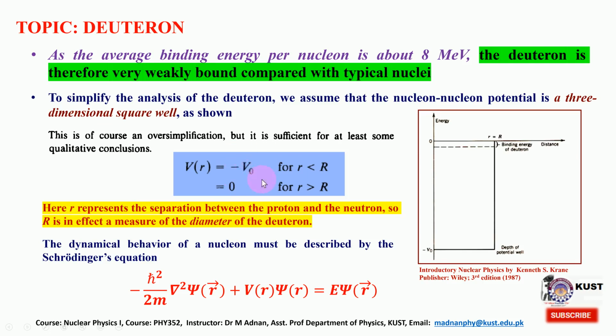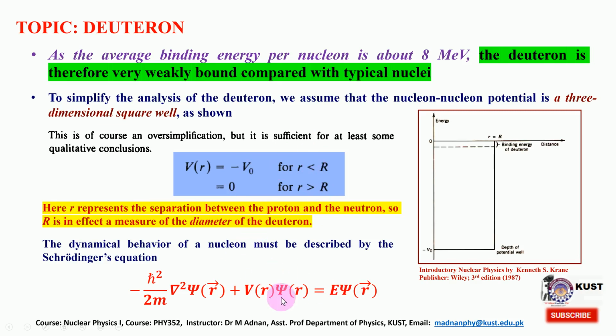So the standard procedure is that we need to write the time-independent Schrödinger equation, H psi equal to E psi, and then in the H we need to write the operator form, that is, the kinetic energy and the potential energy, which is split into two forms. Another thing is that this potential only depends upon the radial component.